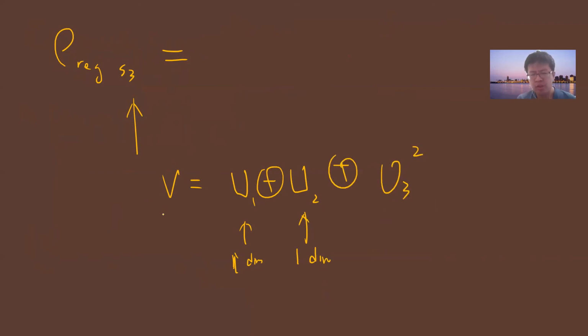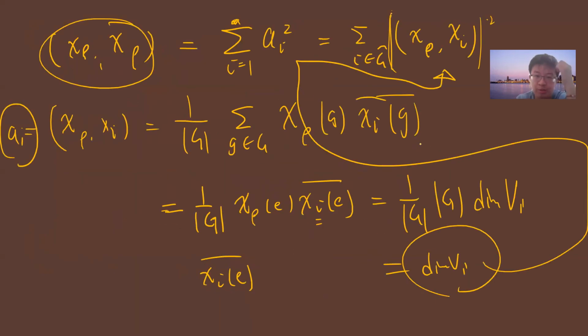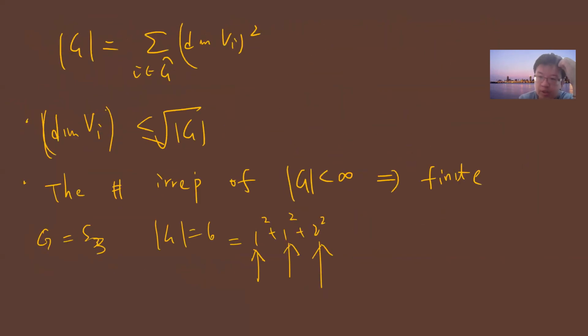So again, the regular representation can be decomposed into irreducible representations, and each irreducible representation occurs as many times as its dimension. Because U3 has dimension 2, it occurs twice. This is what we just proved by using the orthogonality.